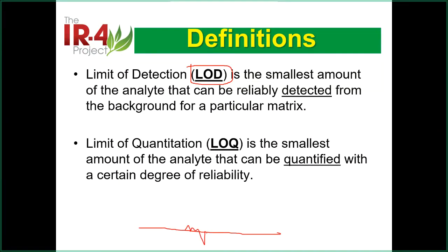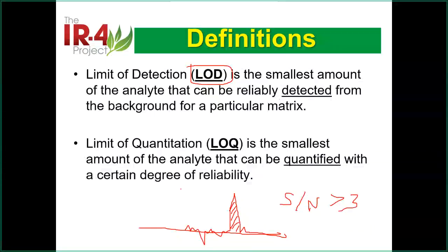This is your signal, and you have a peak. In this case, how can you identify that this is the right peak, the right thing for you, that instrument signal? Of course, the question is whether it is reliable, whether it is detected from the background, or whether it is noise. In science terms it is not given in detail, but in practice, it is a signal-to-noise ratio greater than 3.